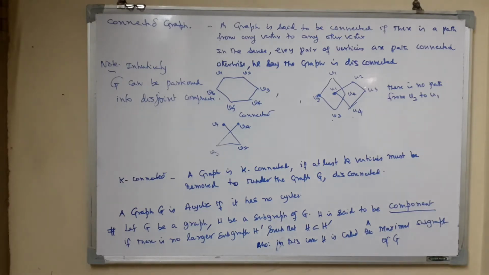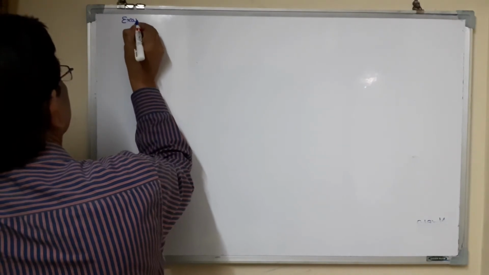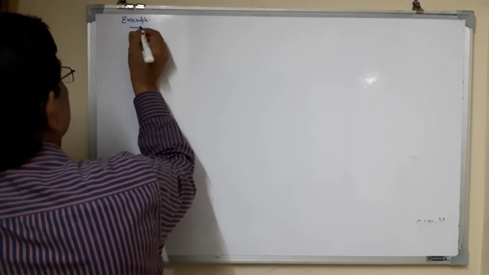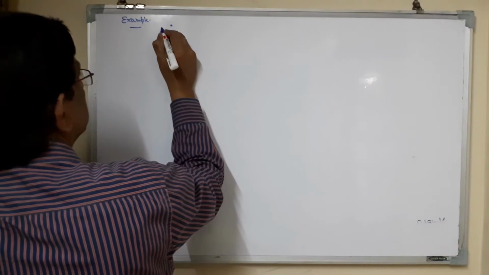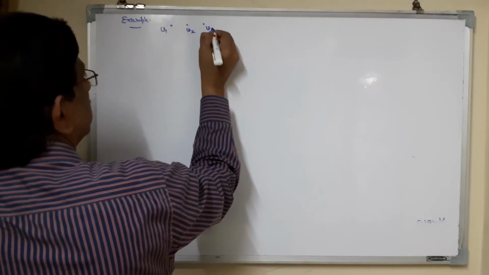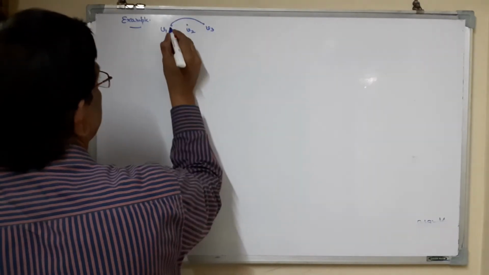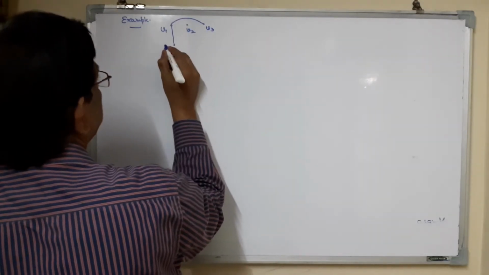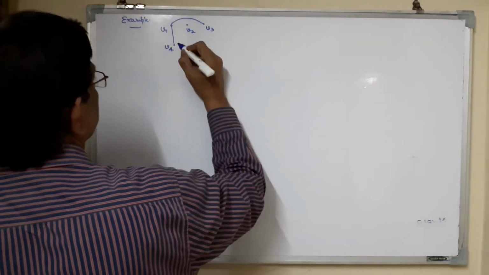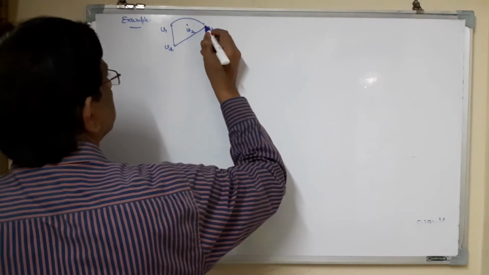Let us see an example. Look at this. This is V1, V2, V3. V1 to V3 there is a path. I have an edge from V1 to V4, V4 to V3.